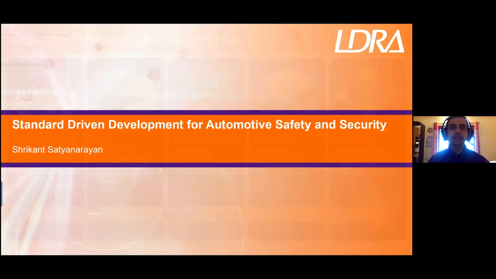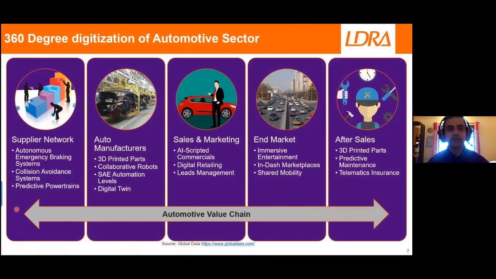But if you look at the trend throughout the automotive sector, a lot of digitization is taking place. It could be digitization in the supplier network, in the auto manufacturers, or even in sales, marketing, end market and after sales. One thing Kaushik was mentioning is that when Tata gives its advertisement, they are trying to focus more on safety.